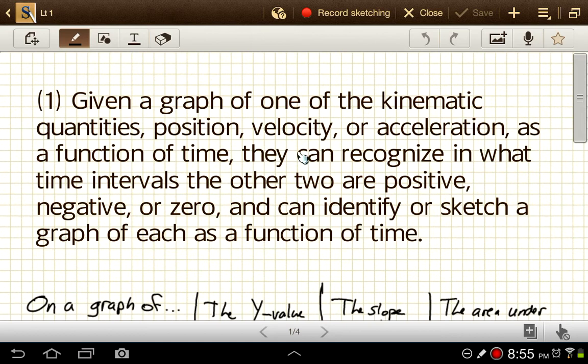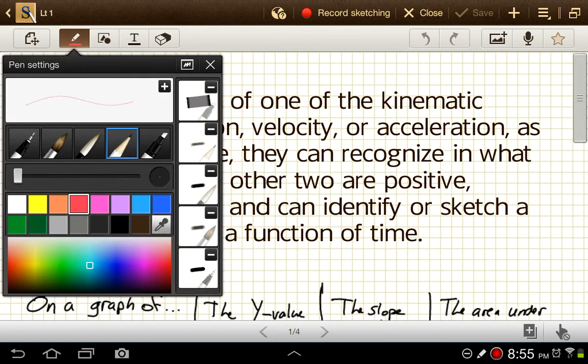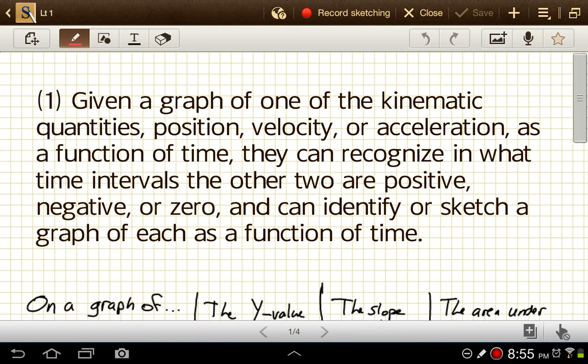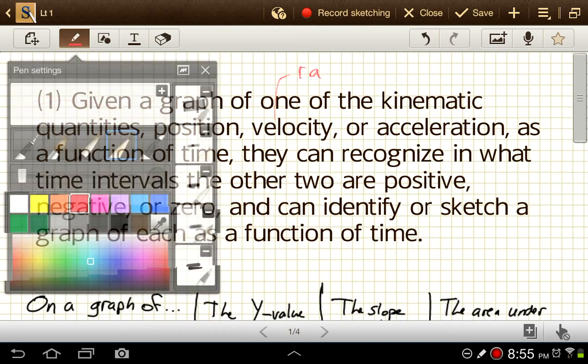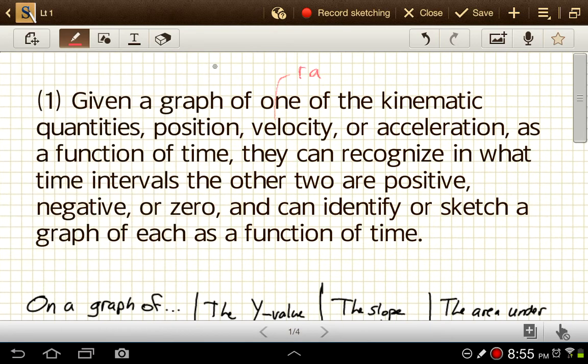Velocity is the rate at which position changes. So velocity is a rate. Rate of position change.